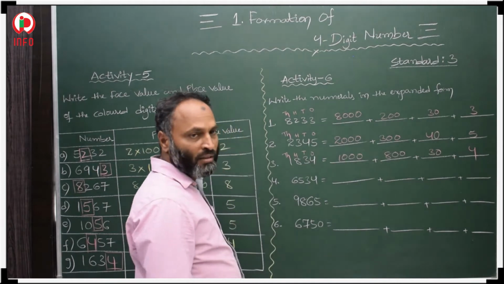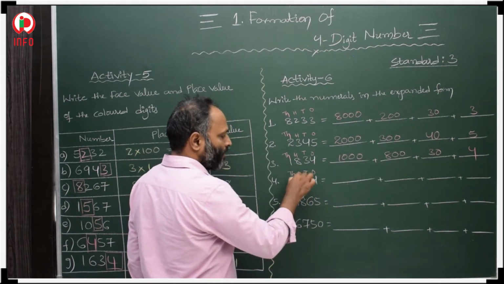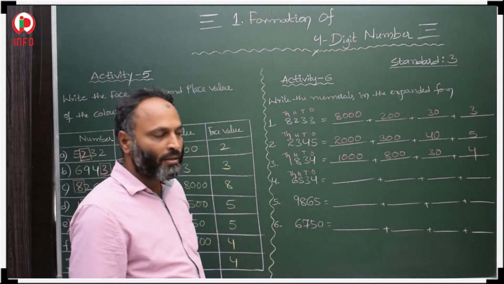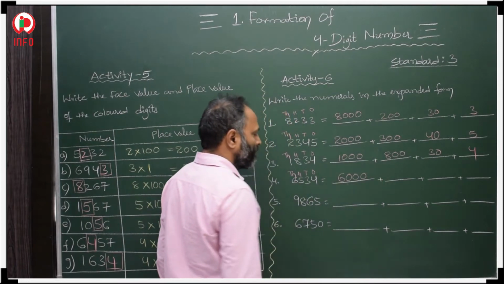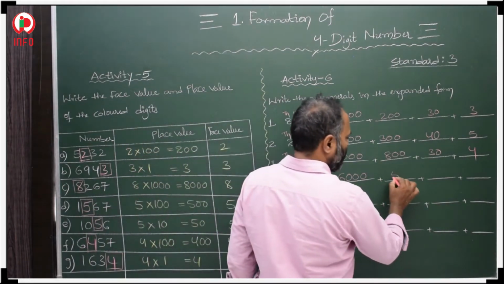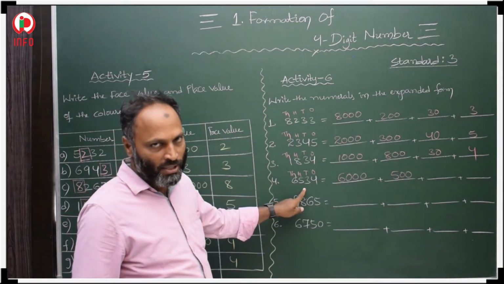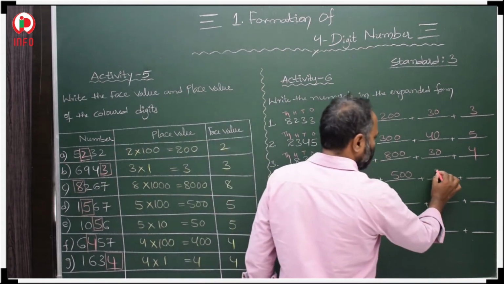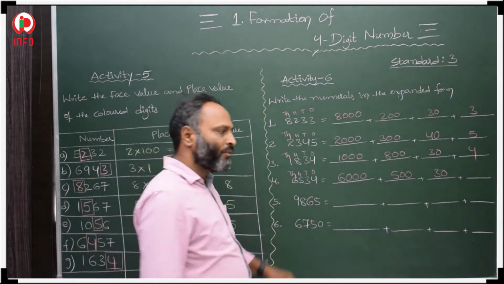Next, ones, tens, hundreds and thousands. 6 is in the thousands place, 6000. 5 is in the hundreds place, 500. 3 in the tens place, 30. 4 in the ones place, 4.